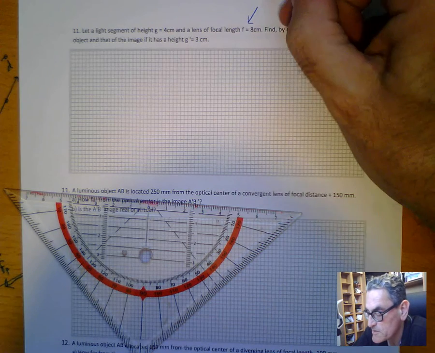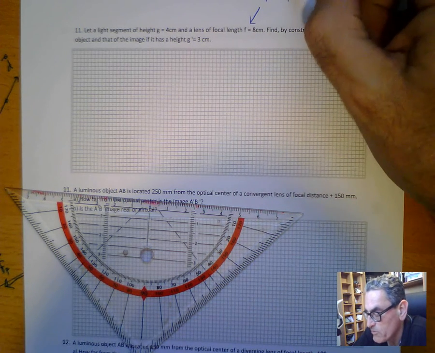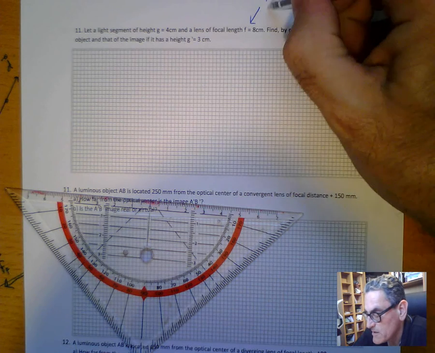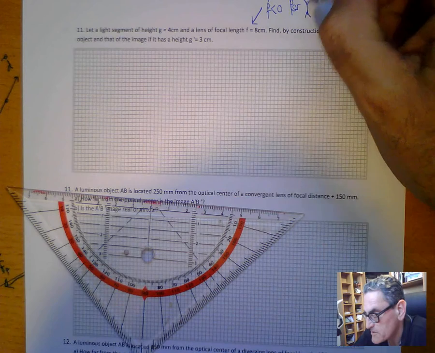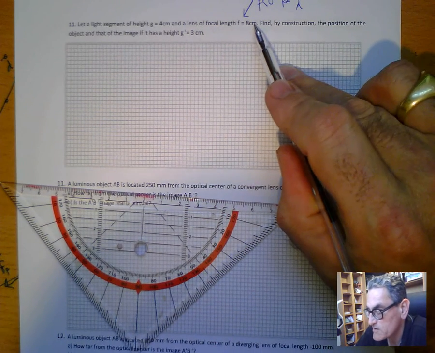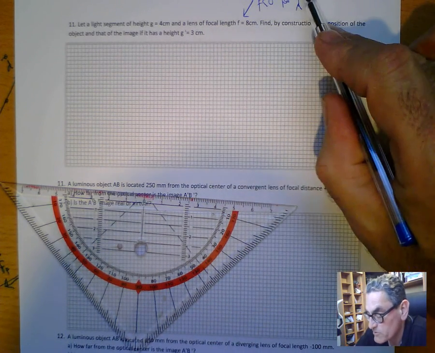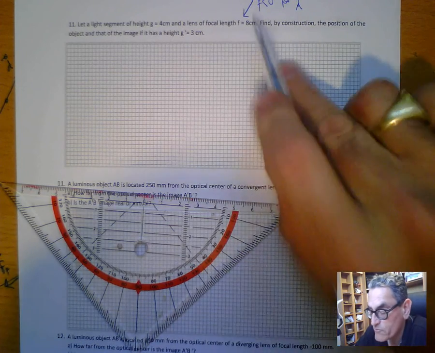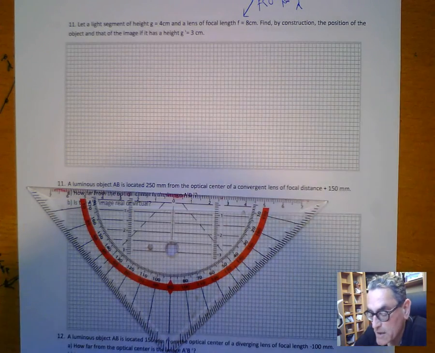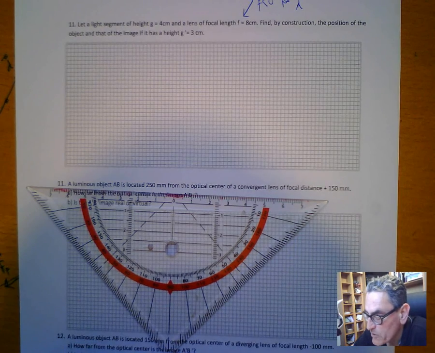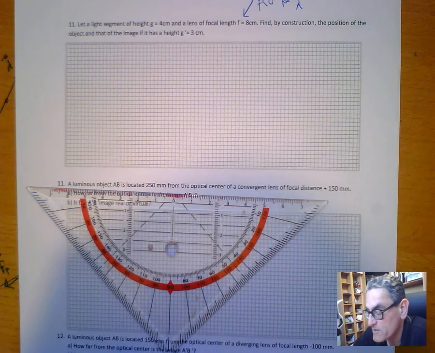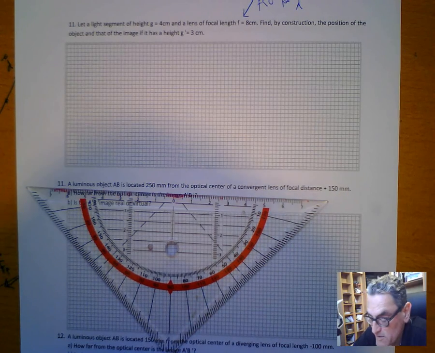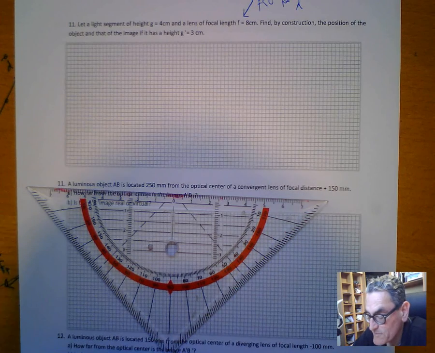Focal length is positive for convergent lenses, and negative for divergent lenses. So the fact that the focal distance is positive indicates that this is a convergent lens, and you have to find the position of the object and of the image if the height of the image is 3 centimeters. You have to think a bit for that one. I give you 10 minutes.